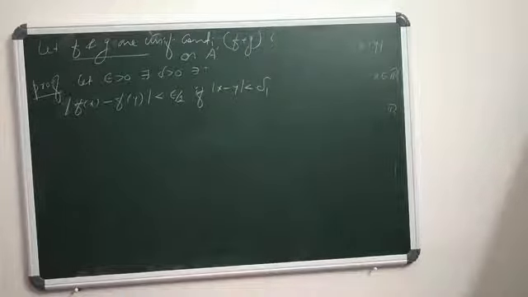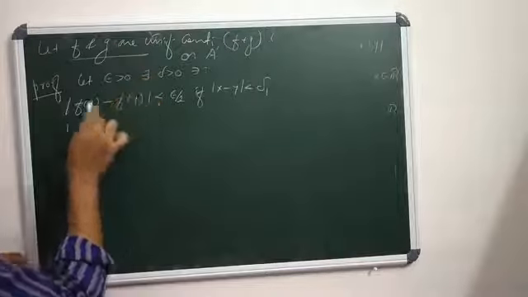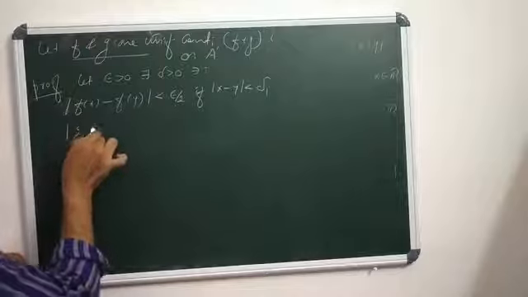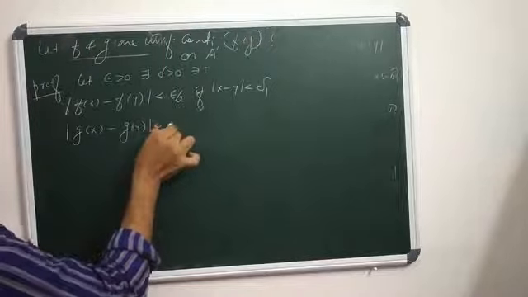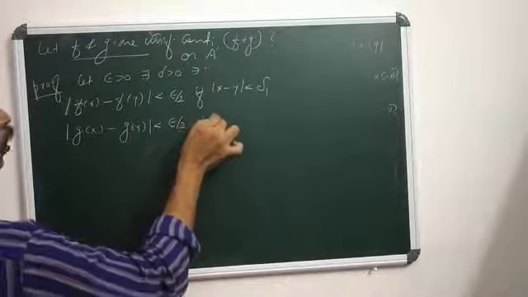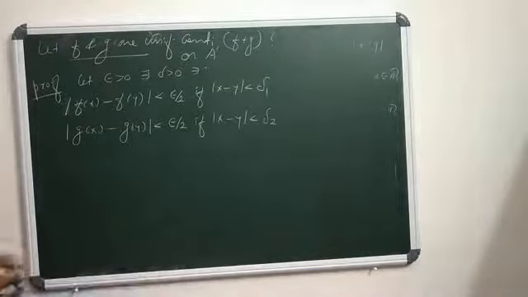Again, g is uniformly continuous on E, meaning modulus of g of x minus g of y is strictly less than epsilon by 2, provided modulus of x minus y is less than delta 2. Agree?